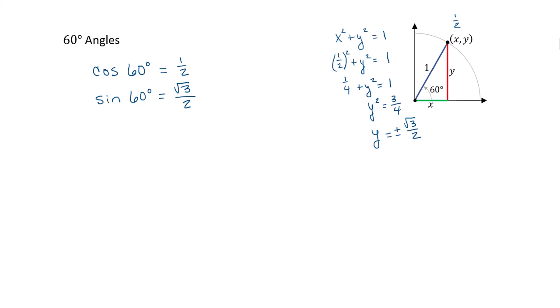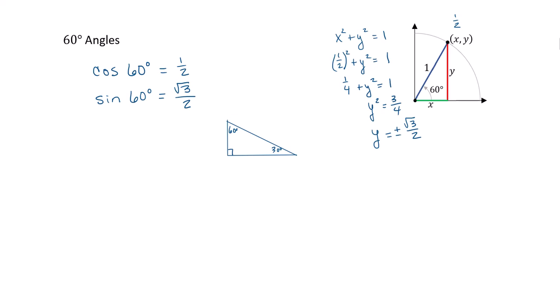Now you might be having a little deja vu at this point because these values seem familiar. We just did 30-degree angles, so when I have a 30-degree here, this is going to be 60 degrees. And when this is 60 degrees, that's going to be 30 degrees.